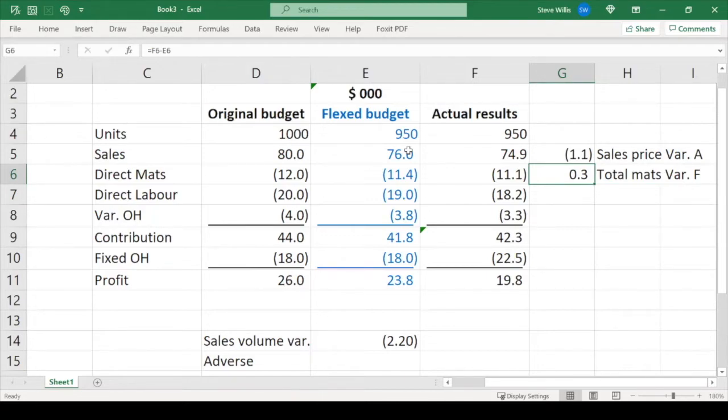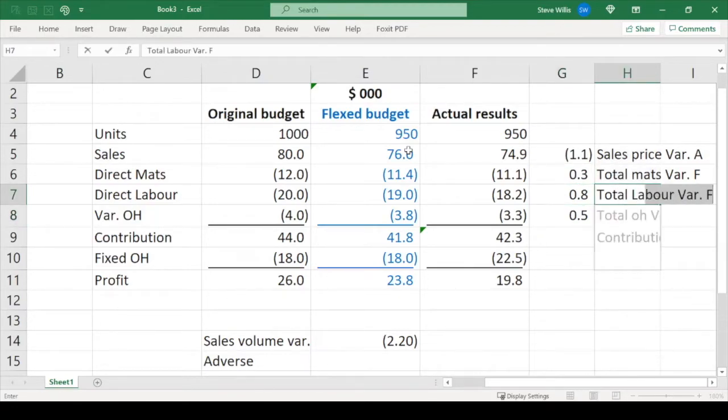So the production team and the procurement team are making up for the poor performance of sales. Copy, paste, paste. Look at that. All of the variable cost variances are favorable. So good job, production and procurement.